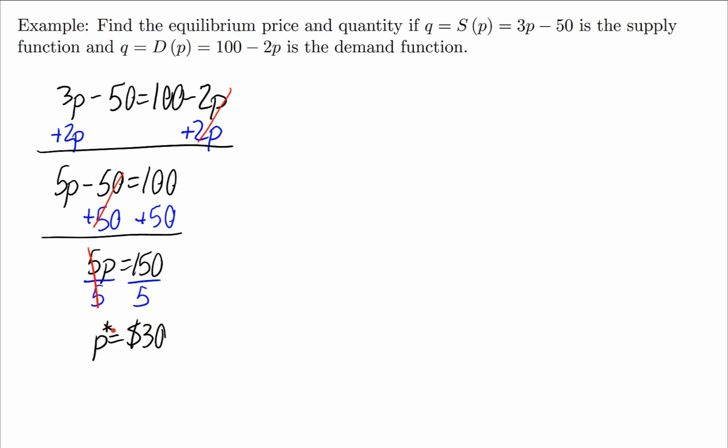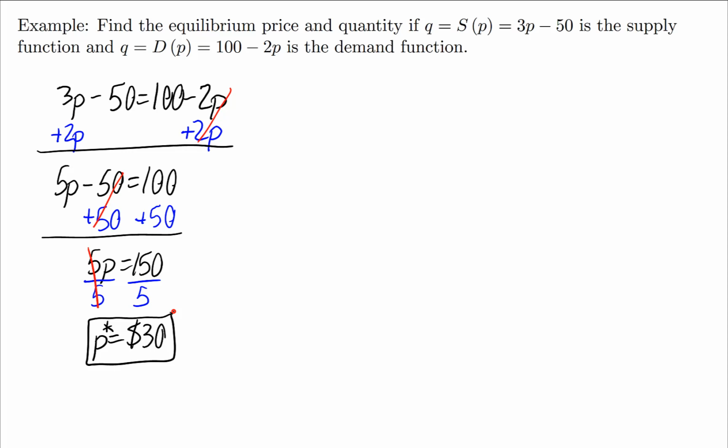And let's call this p star. This is the equilibrium price. So at $30 per item, the supply and demand are equal. Now, what about the equilibrium quantity? We need to plug it back into one of these two equations, and it actually doesn't matter which one. Feel free to plug 30 into both equations and see that you get the same answer.